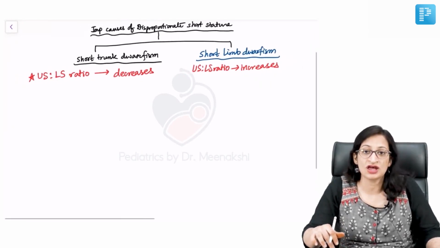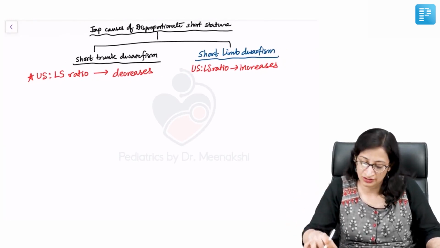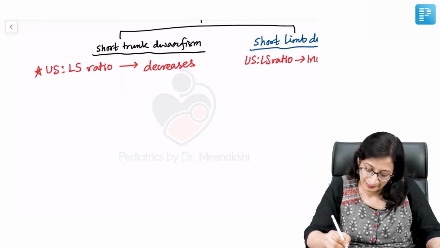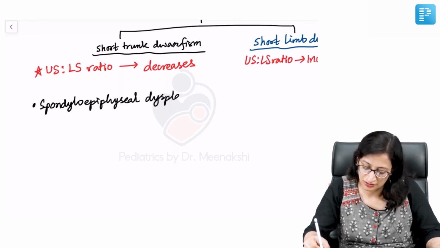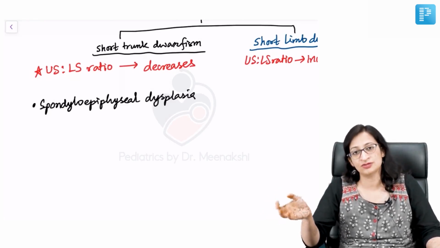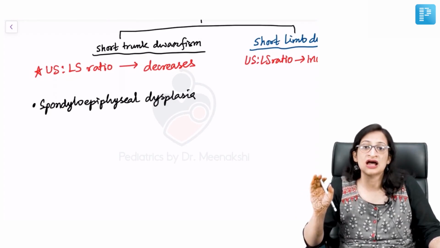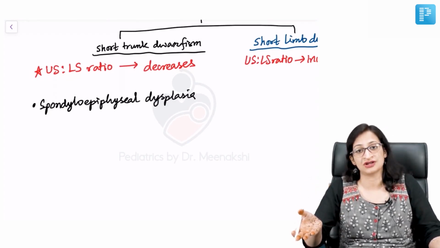So there is something known as spondyloepiphyseal dysplasia. Okay. Though the name sounds very complicated, remember, if there is a spondylo in the name, that means the spine is most commonly affected.